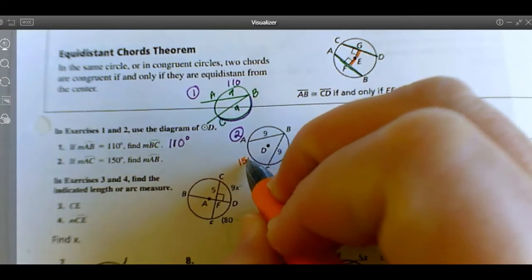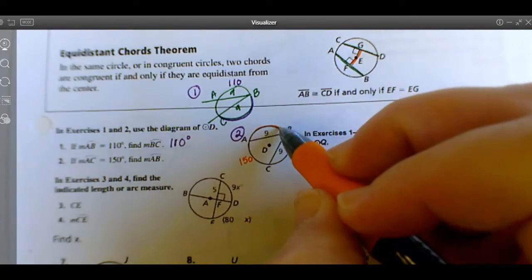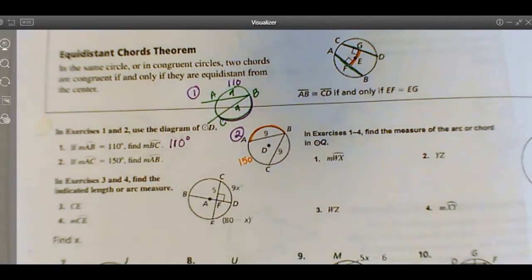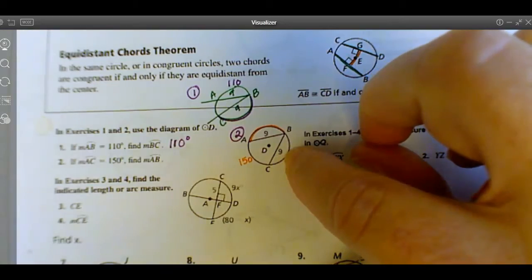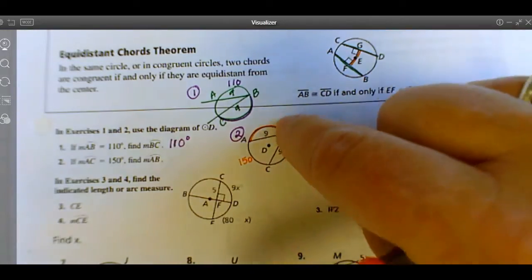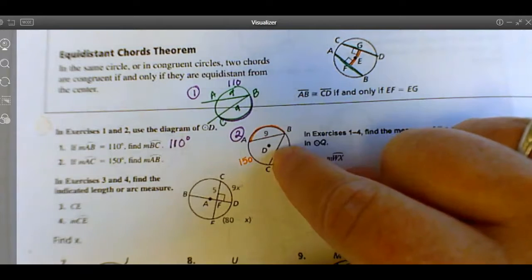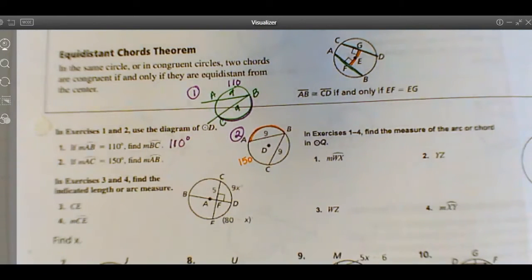So I know that this right here is 150. And it wants me to find the measure of AB. Okay, again, I know that this arc and this arc are the same. If I add the whole entire circle together, that's 360, right? If I subtract 360 and 150, see what we get. 360 minus 150.